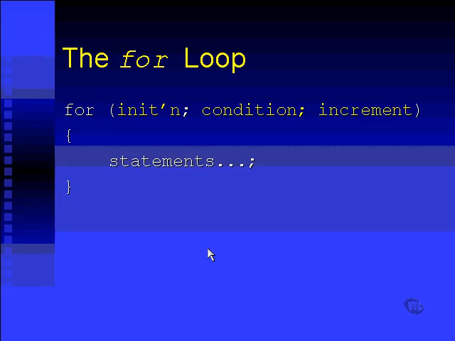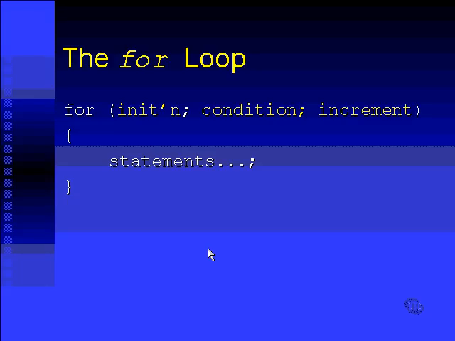Once the statements have been completed, the next thing we do is we go to the increment area and we perform that statement. You'll see this in a moment when we look at an example. We perform the increment statement and then we check the condition again. So again, at that point we can decide whether to go into the loop or drop out of the loop. So we could go into the loop, then back to the increment, back to the condition.